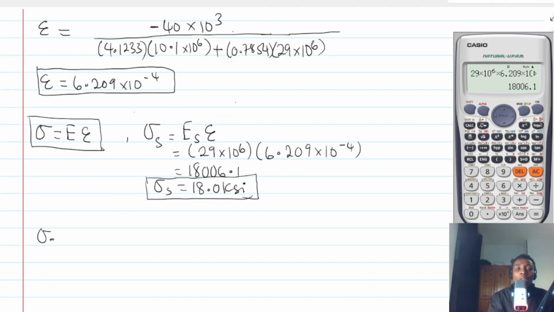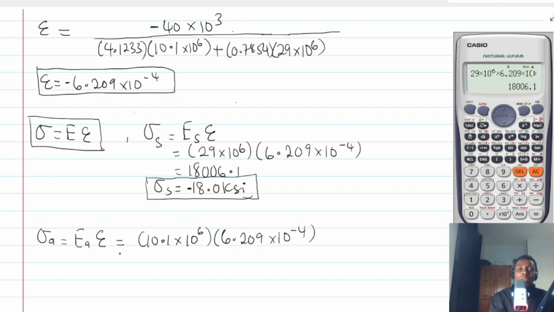Now, if we want it for the aluminium, it's going to be EA epsilon, which is what? 10.1 times 10 to the power 6. In fact, this one was supposed to be minus because of the compressive stress, multiplied by 6.209 times 10 to the power minus 4.